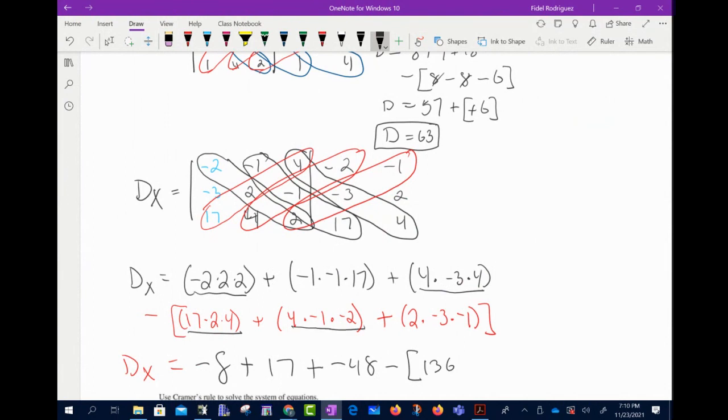Let's see, 4 times -1 times -2 is a +8. And 2 times -3 times -1 is a +6.